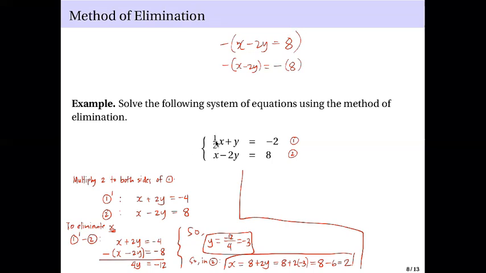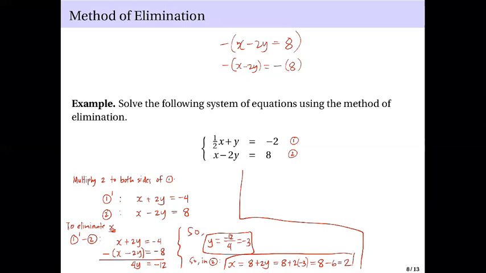So if you do that, you will get what? 2 times 1/2 x, that becomes your x. Plus 2 times y, that's your 2y. Equals 2 times negative 2, that's negative 4. So if the coefficients of the equations are not the same, we are supposed to multiply something.